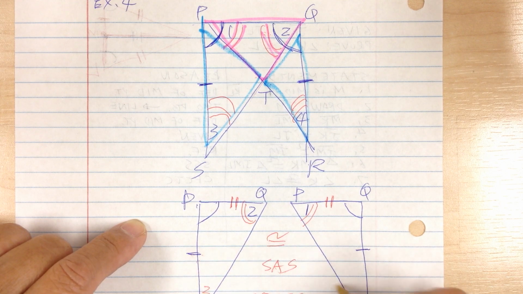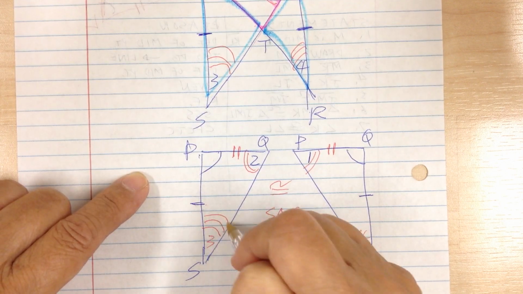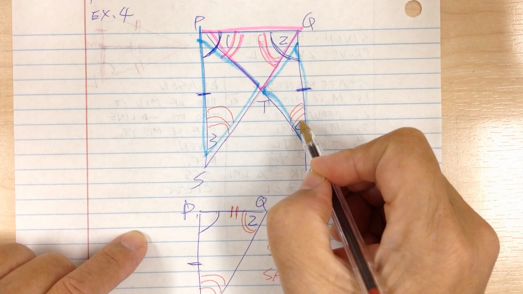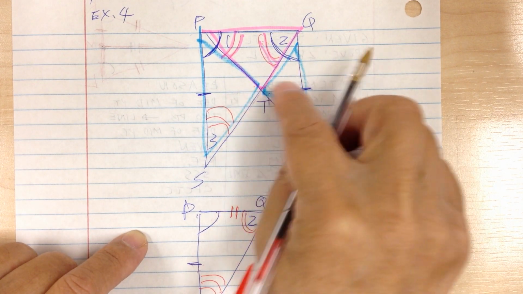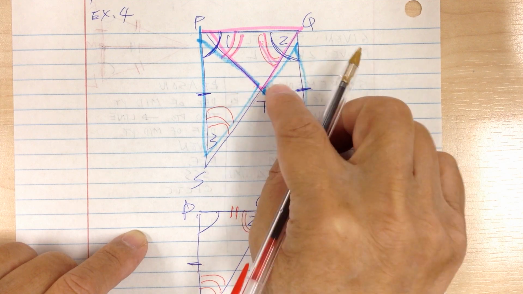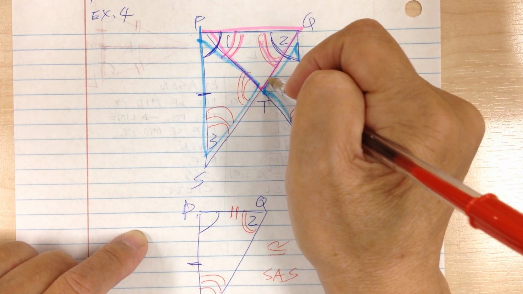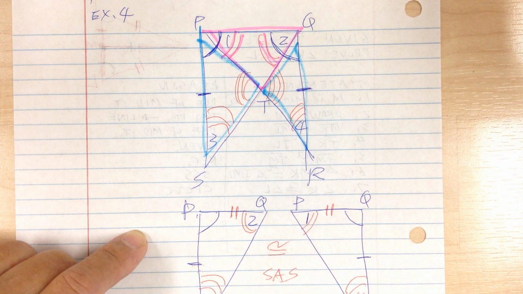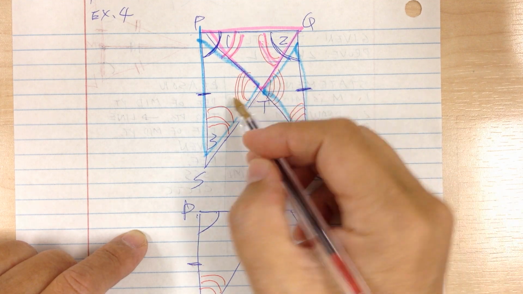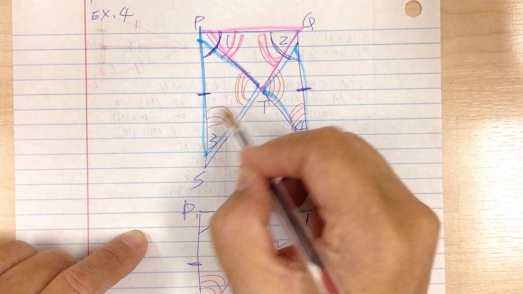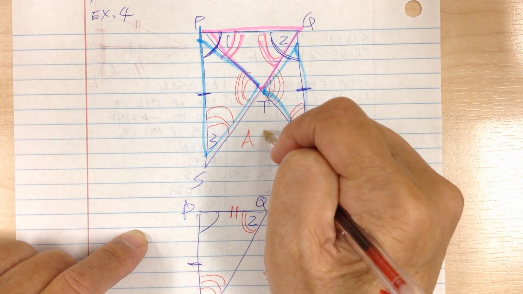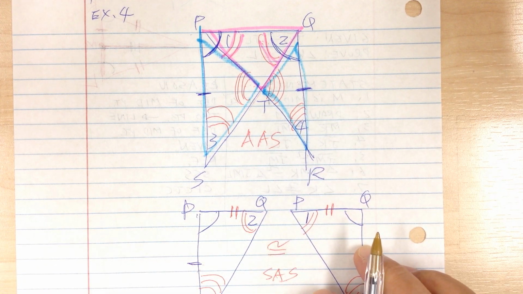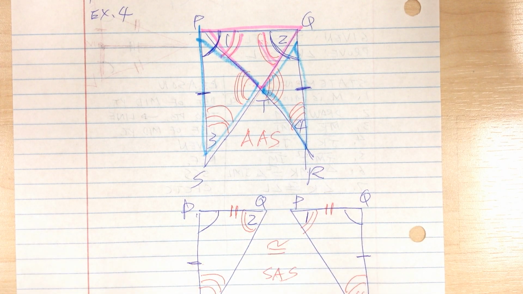Oh, we didn't put it over here. Also remember what I said about the vertical angles, so you can use that vertical angles are congruent. Then you can prove the two triangles are congruent because of AAS. This one does not ask you to do the complete proof.